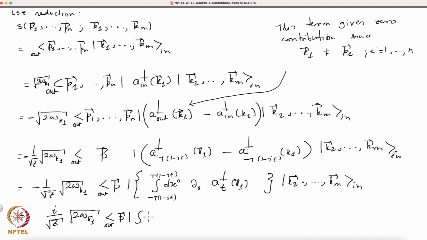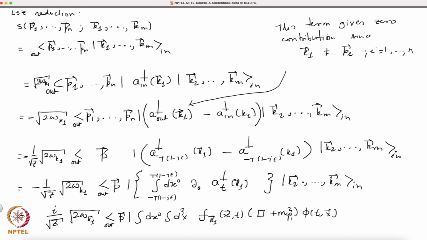Okay, so you will have dx naught d cube x and f of k1, this is our usual f of k1, which I have defined several times, times this box operator plus m_p squared, where box is this del naught squared minus gradient squared, this operator acting on phi of t x.